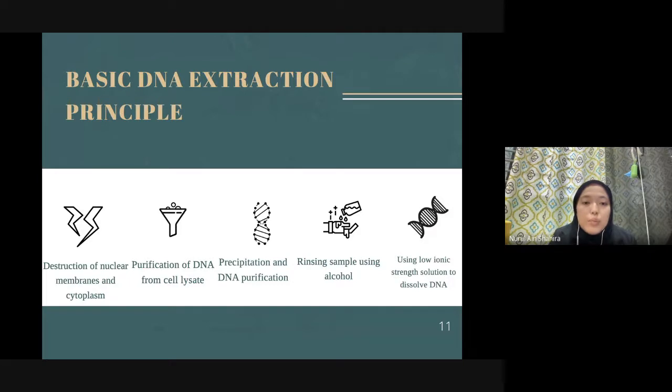The next principle is purification of DNA from cell lysate, precipitation and DNA purification, rinsing the sample using alcohol, and also using a low ionic strength solution to dissolve DNA. In previous studies, the most common solution used was Tris-EDTA, not only to dissolve DNA but also to prevent DNA from degradation.